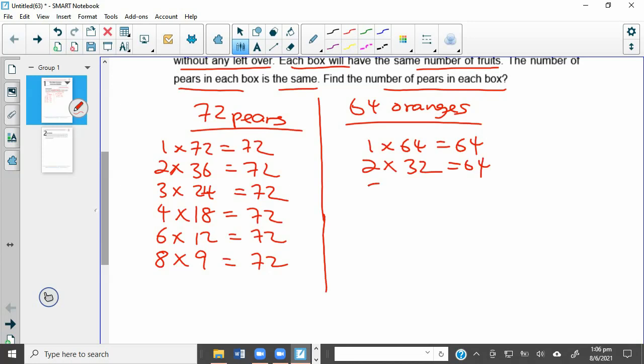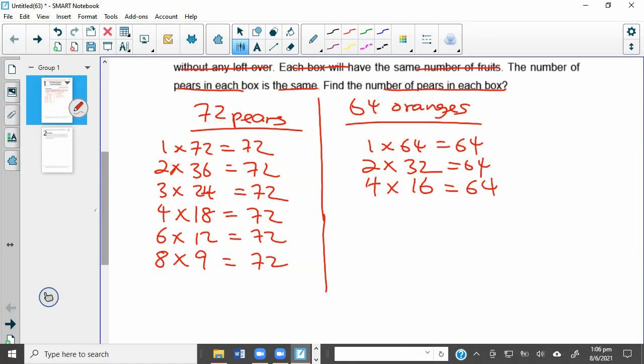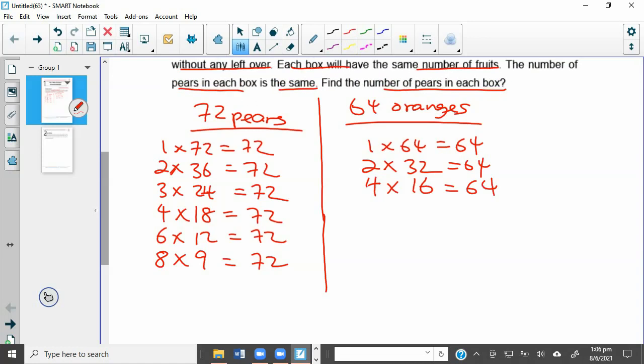So 3 cannot, 4 times 16, right? 4 times 16 will give you 64. And how about 5? 5 cannot, 6 cannot, 7 cannot, 8 times 8 will be 64, and when there's a repeated factor, you can also stop. Alright, stop all the workings.